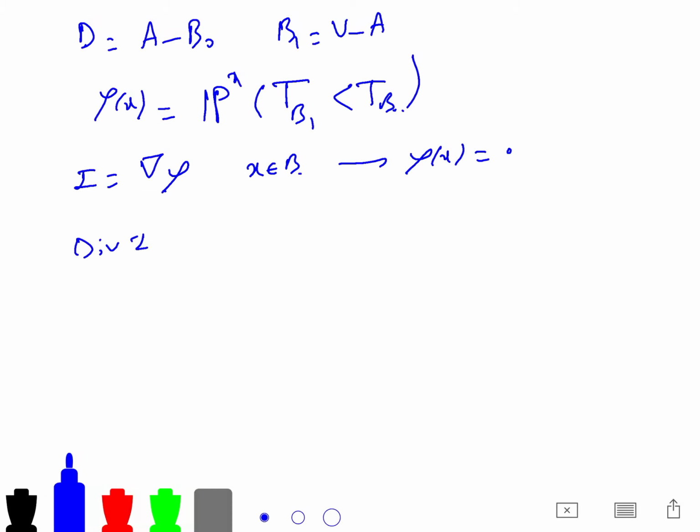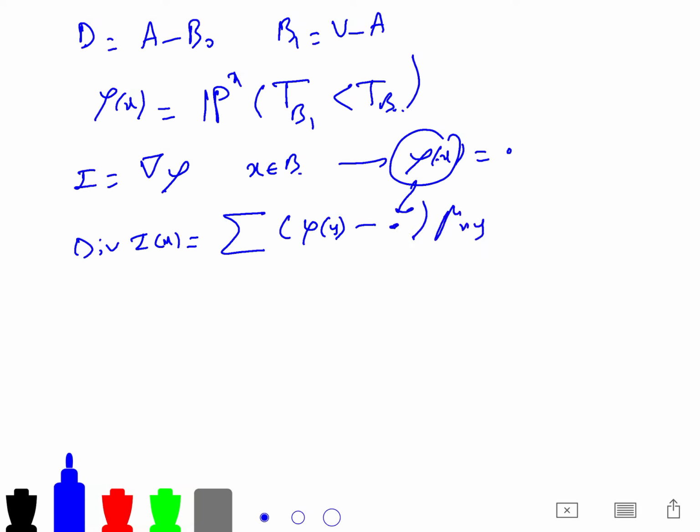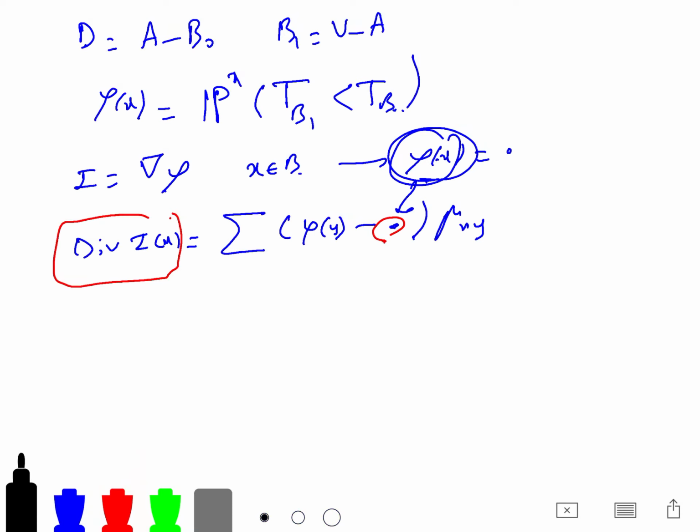And the divergence of I of x is the sum over y of phi of y minus phi of x, which is 0, so I put just 0 here, times mu x mu y. So I've just written the definition of the divergence of I of x, and because phi has such a value, which is 0, we can write this, and the summation is as usual over y.